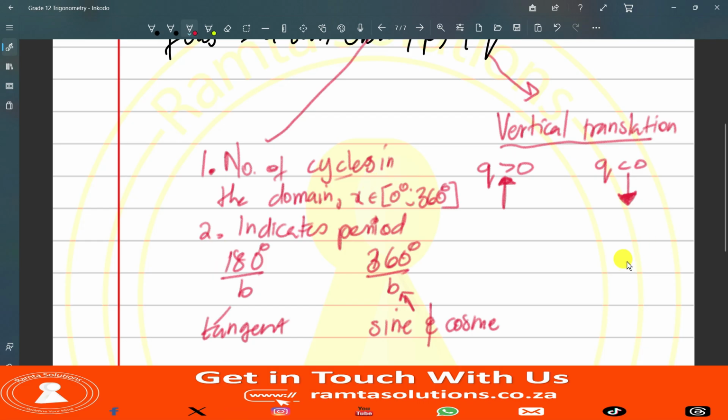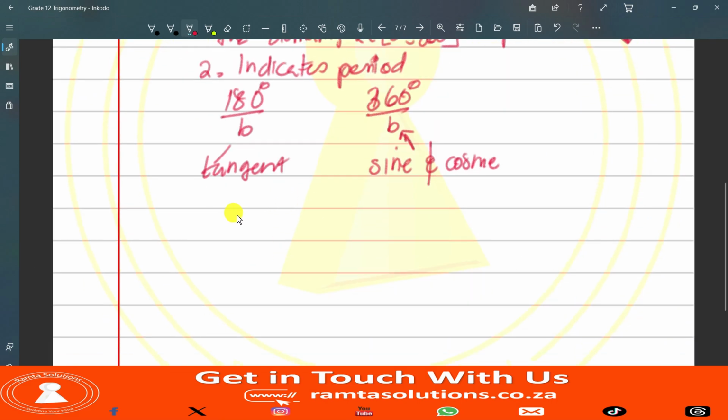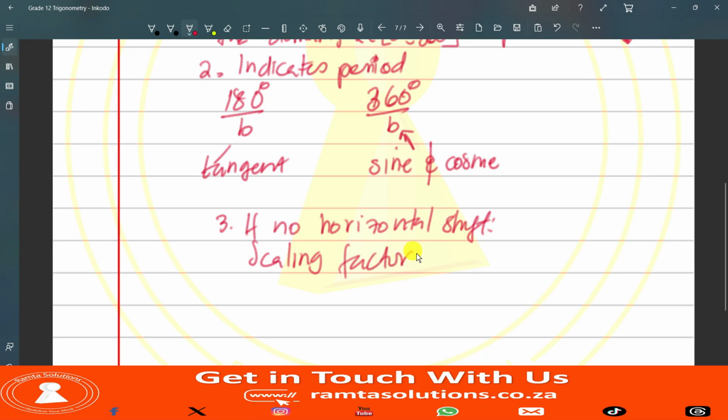Then another thing that is hardly spoken about is this. If there is no horizontal shift, it represents a scaling factor.